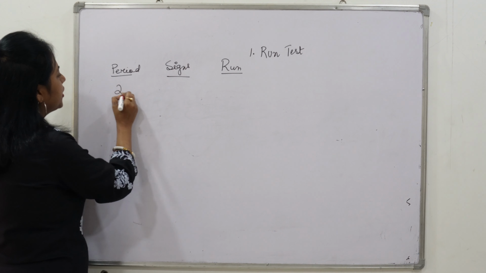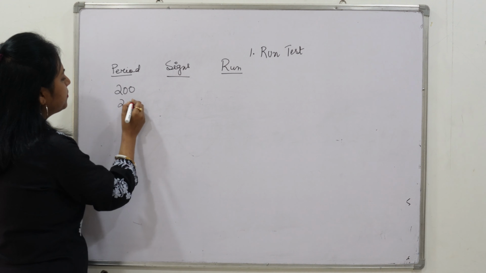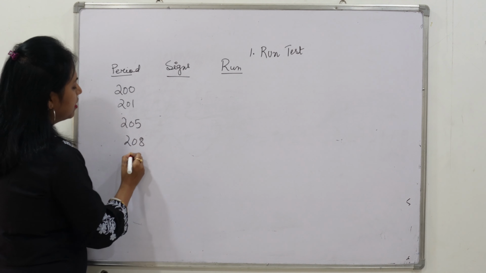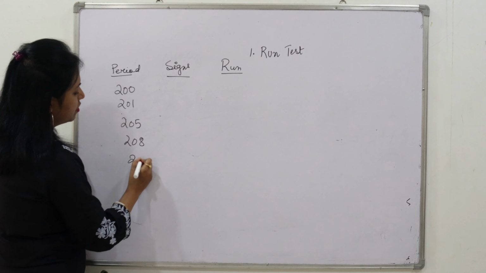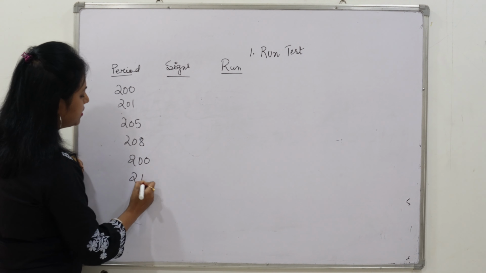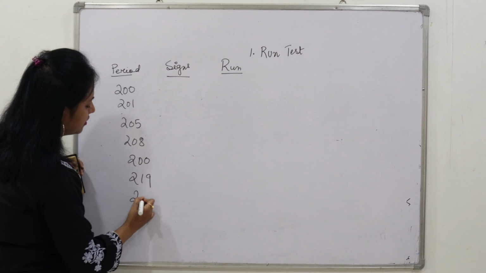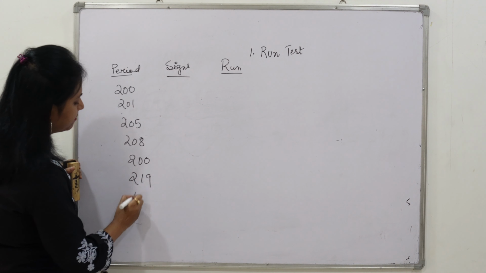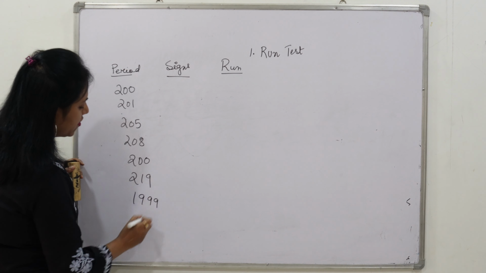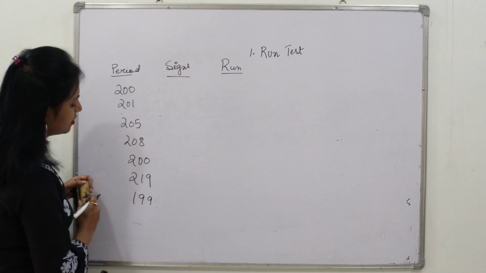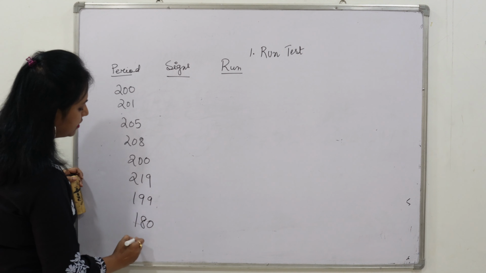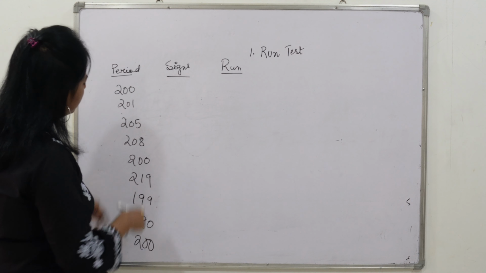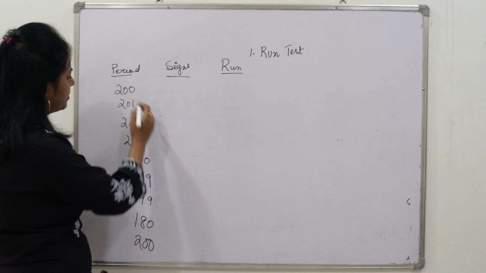Now suppose there are 200 rupees, 201 rupees, 205 rupees, 208 rupees, 200 rupees, 219 rupees, then 200, and say 199 rupees, then we have 180 rupees, then we have 200 rupees. Let's believe that we have this much price data.